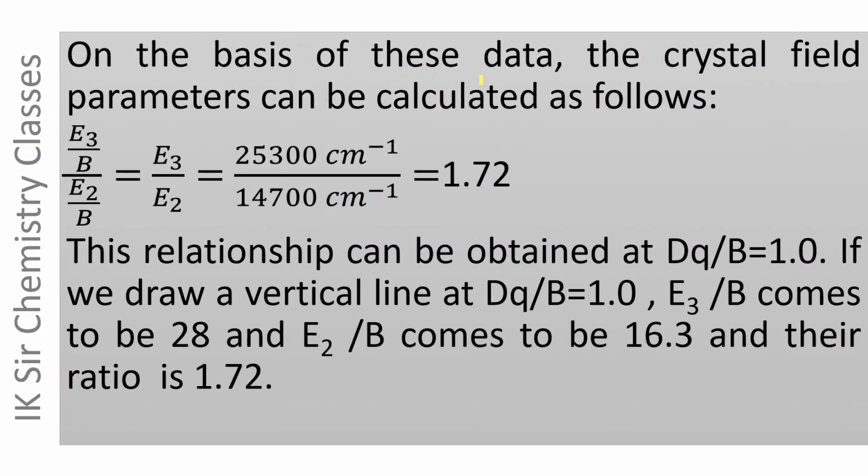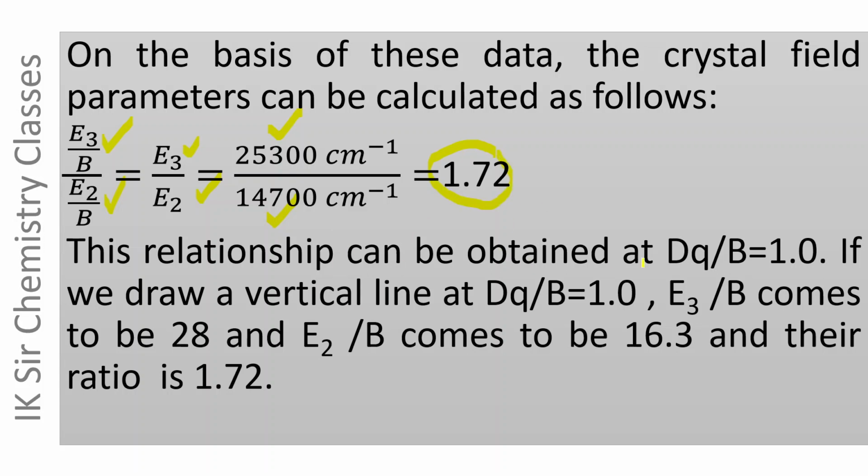On the basis of these data, the crystal field parameters can be calculated as follows: E3 by B divided by E2 by B, B will be cancelled out and it will be E3 by E2, 25,300 centimeter inverse, third transition, and 14,500 centimeter inverse, and this ratio comes to be 1.72 as we have said earlier.